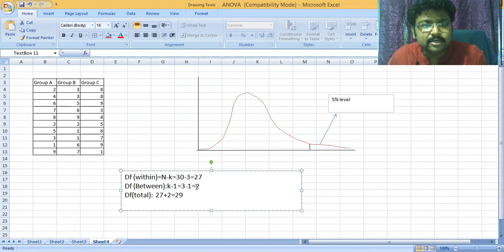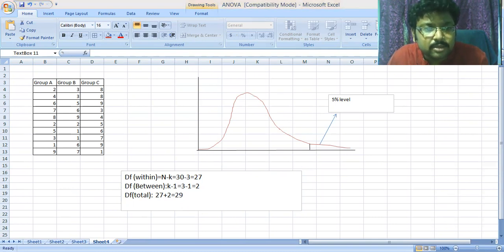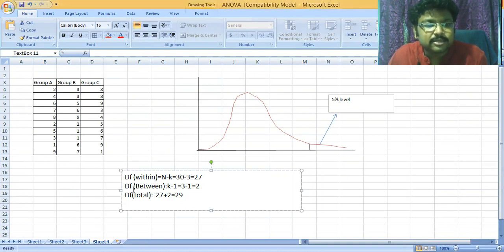Here degrees of freedom between is 2 and within is 27. So now go to the F distribution chart. It is a 5% level of significance, and 27. Look at this. One thing I would like to mention here is that we consider degrees of freedom between as the top line.